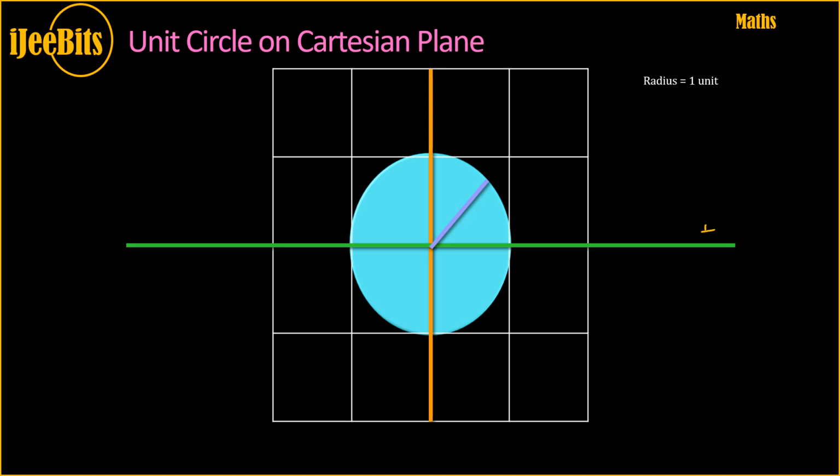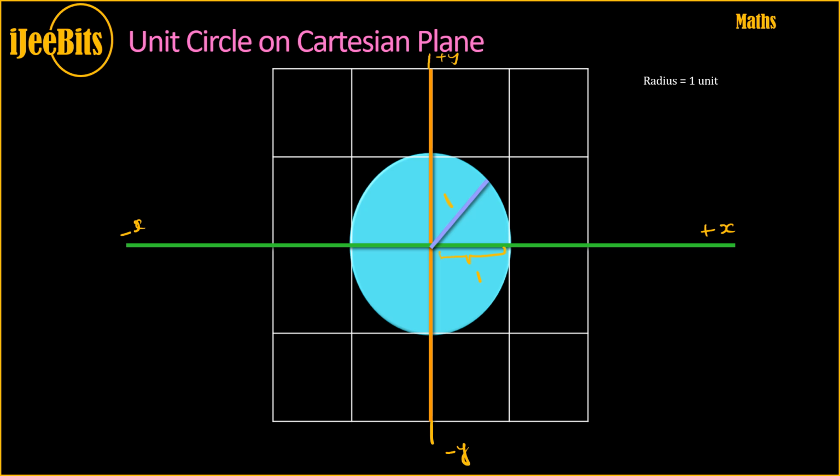We know that this is positive x, this is negative x, this is positive y, this is negative y. Okay. When I say this is 1 unit, what this means is this is a radius. This is also a radius from here to here, right? This is also 1. And then this is also the same.